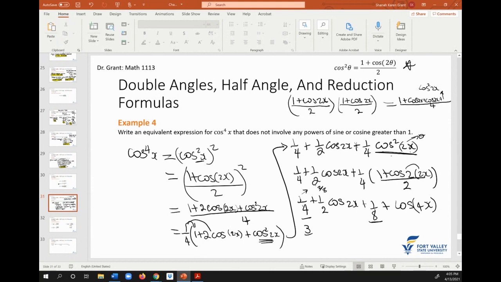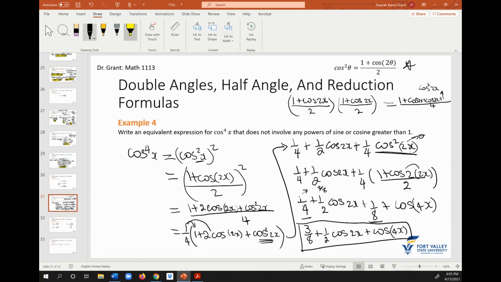So this would be 3/8 plus 1/2 cosine 2x plus cosine 4x. So this is how you would utilize your reduction formula. Like I said, with your identities, it all depends on what the question is asking us to do.